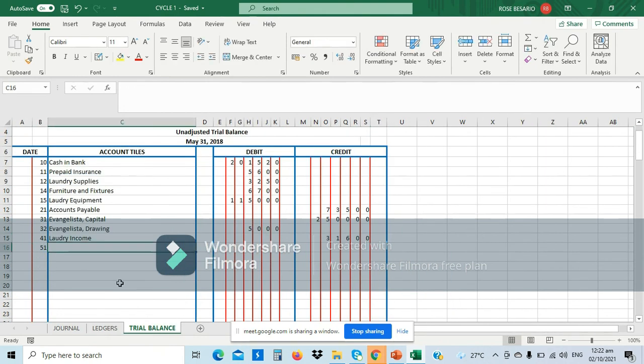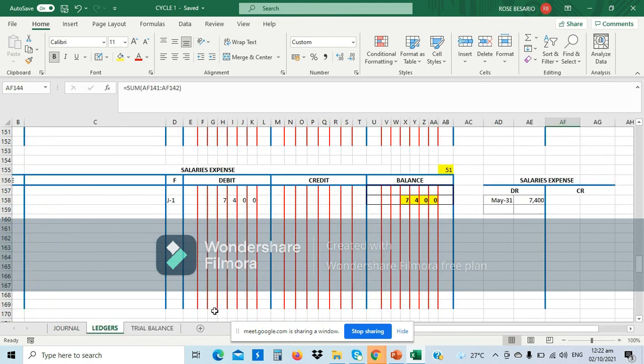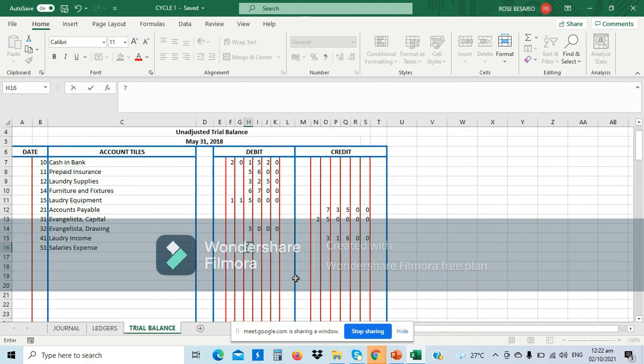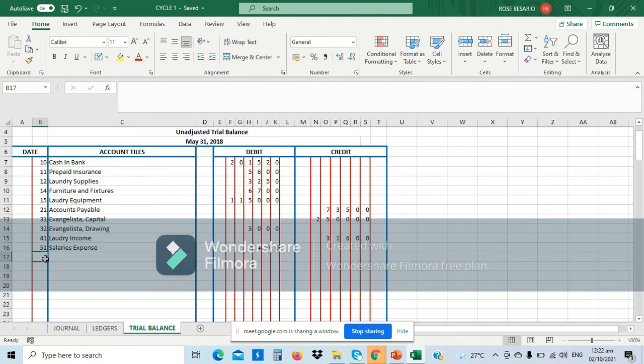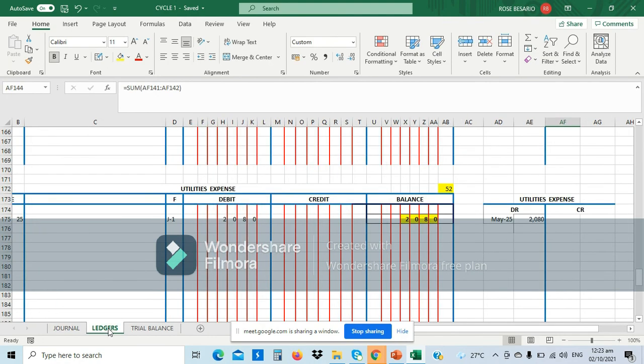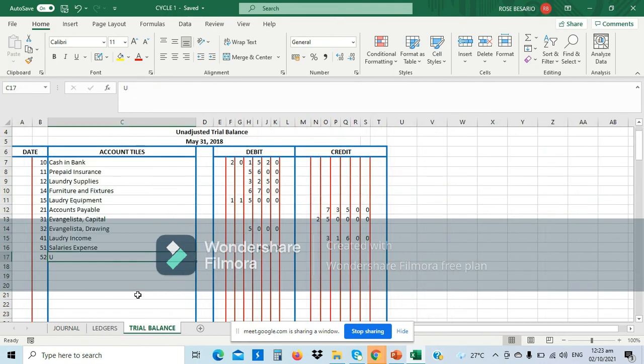Then after that, we have salaries expense, 51. Salaries expense, debit, 7,400. Then after salaries, we have utilities expense. This is 52. Utilities expense, 2,080 debit.